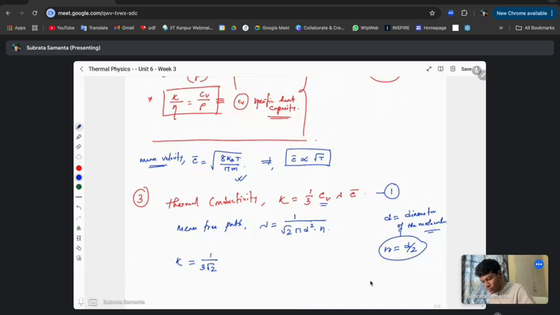CV is m n times small cv, where this small cv is the specific heat.